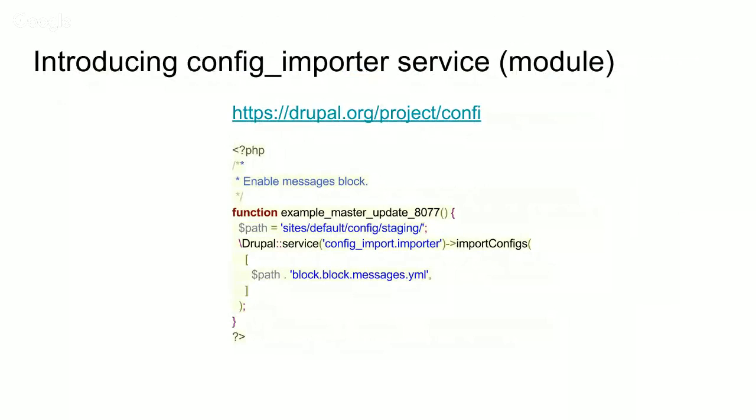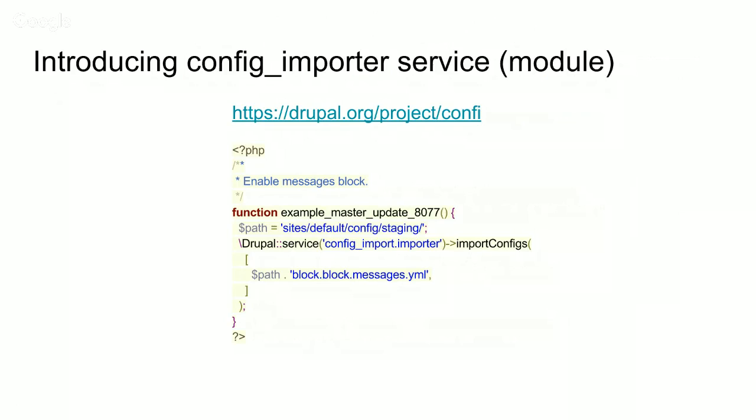And now I want to introduce you to our created module named Config Importer. It's already pushed to Drupal.org. It's a really simple module, and here is an example of using it in hook update.